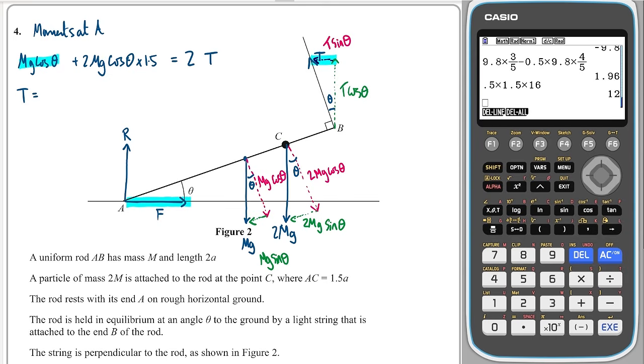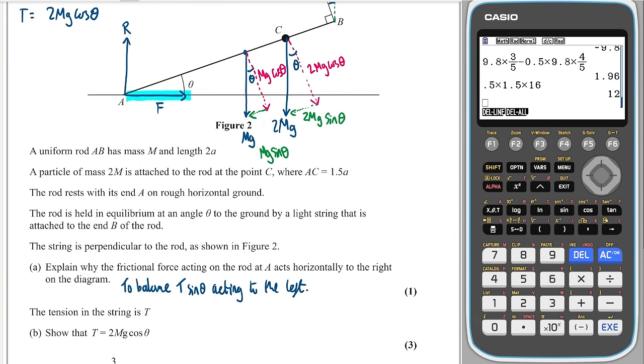We've got 1 mg cos theta and we've got 2 mg cos theta times by 1.5. So that is a total of 4 mg cos theta. Sorry, that's still 2T. So therefore T is equal to half of that, which is 2 mg cos theta. And that is what they've asked us for.